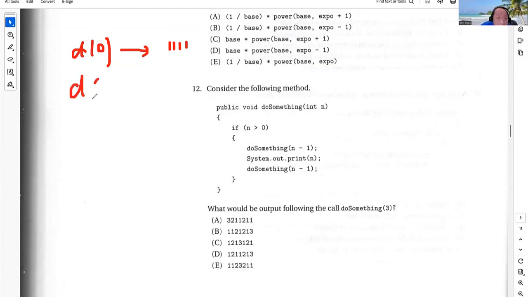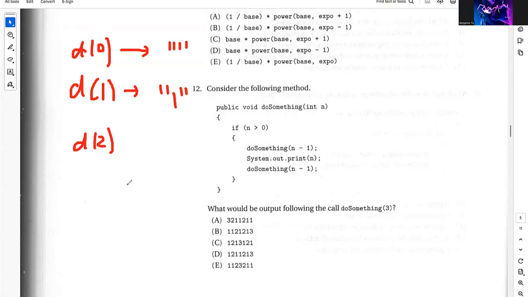What happens with N equals 1? D0, 1, D0. What happens with N equals 2? D1, so it would be D1 and then 2 and then D1. What happens with N equals 3?